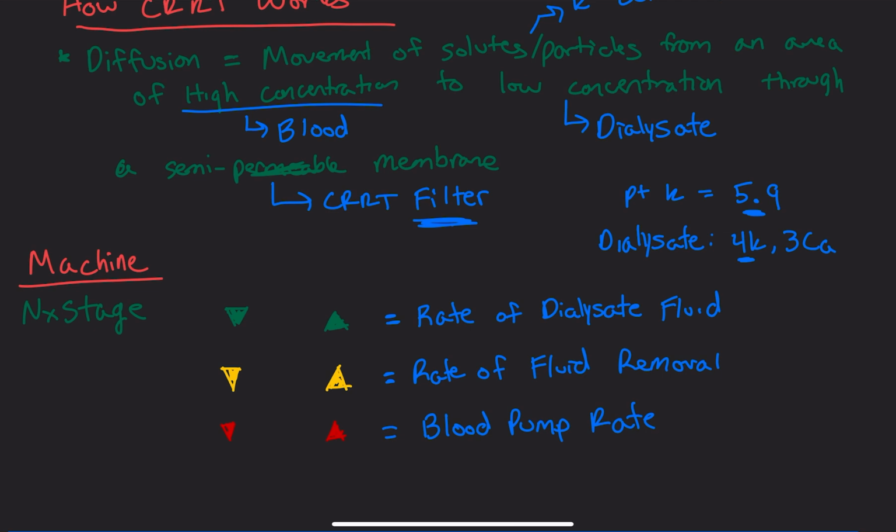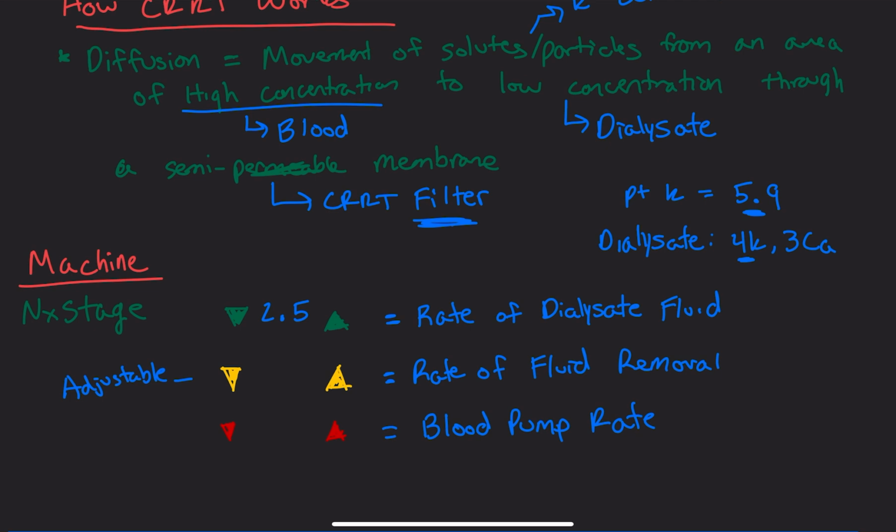So you'll typically see something like this: your order may say 2,500 mLs an hour for the dialysate fluid. This is actually measured in liters on the machine, so you'll see something like 2.5. Your rate of fluid removal is adjustable, and we'll talk about that in a little bit, as you'll need to do some mental math to calculate this.